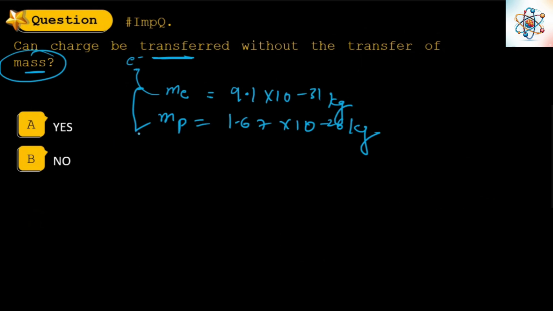Similarly, if a proton is transferring, its mass is also transferring. So the answer is that this is again a property of charge: whenever charge is transferred, mass is transferred too. What is the mass of that amount of charge being transferred? We can calculate it by using a property of charges.